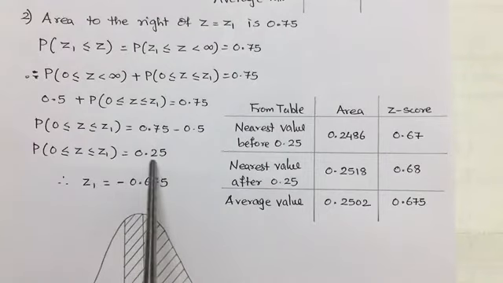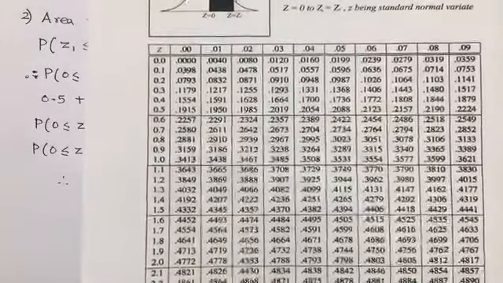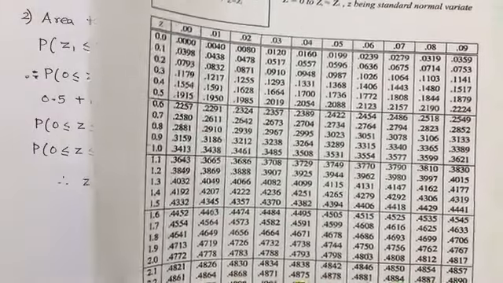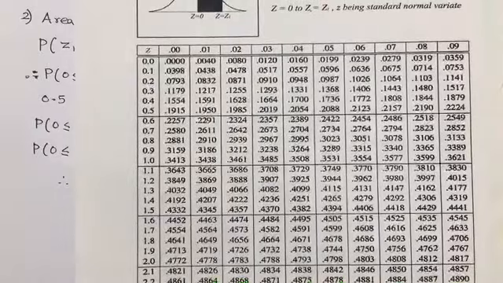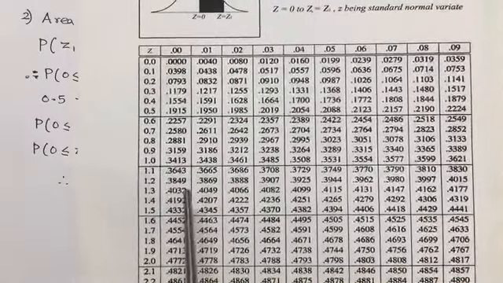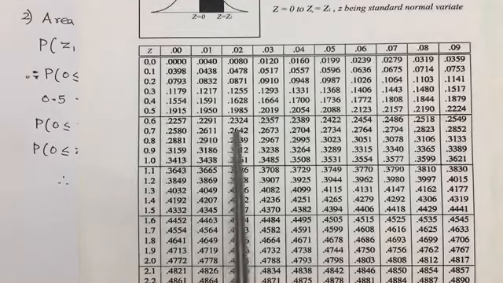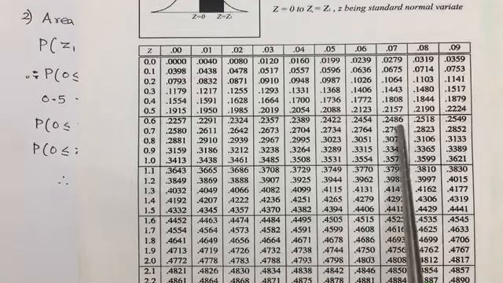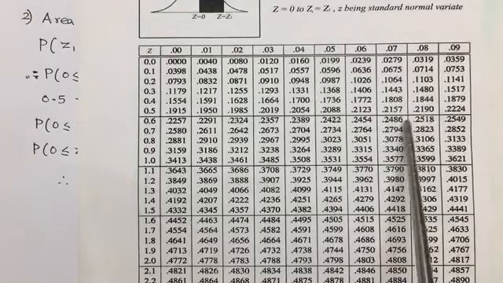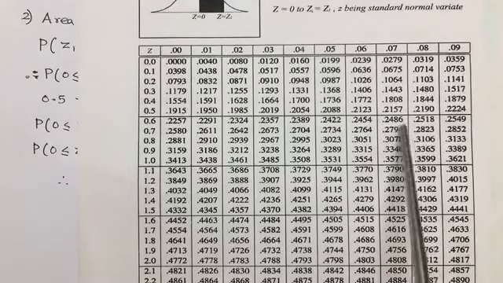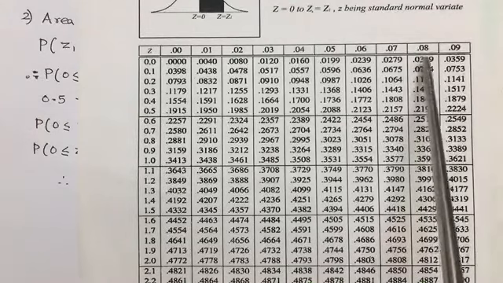Now again we have to search in the table where this 0.25 area lies. If we check it in the table, you will get 0.6, and it lies not exactly at 0.25, but between these two, 0.67 and 0.68.